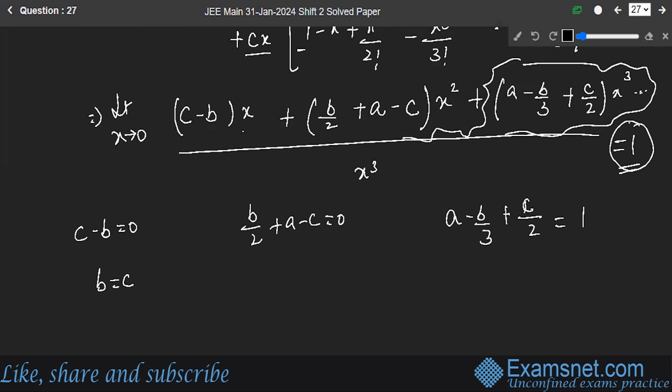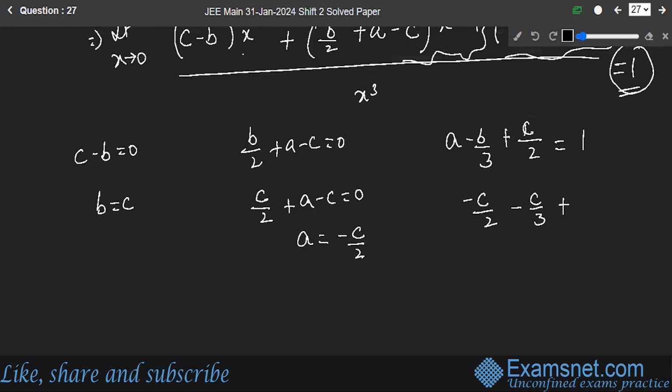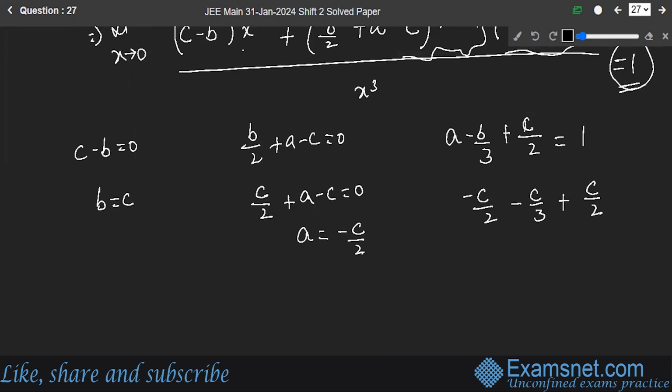So if I fill in this equation, b is equal to c, this will be c by 2 plus a minus c is equal to 0, or a comes out to be minus c upon 2. Let's fill in this one. a is minus c upon 2, b is c, and this is c upon 2 only. This will be plus, not minus.